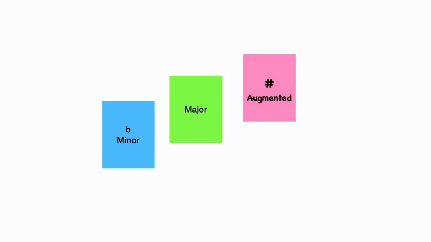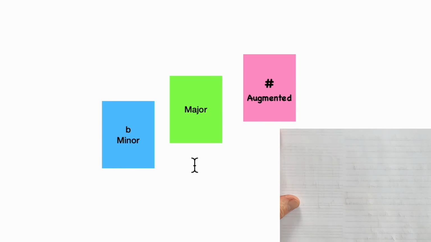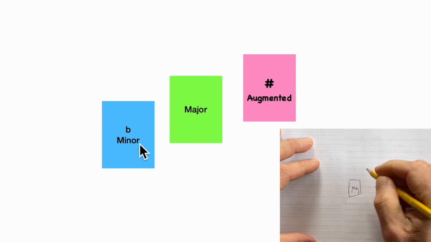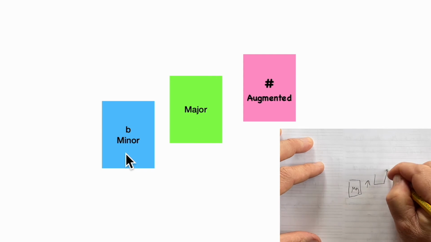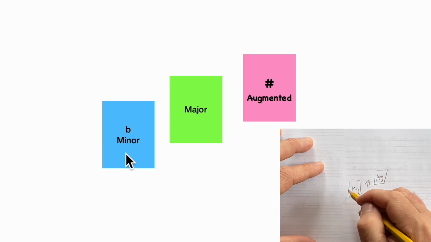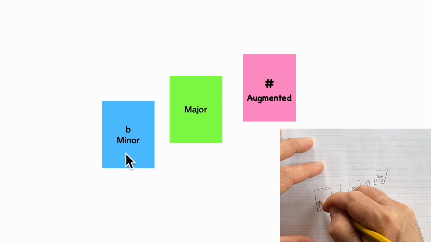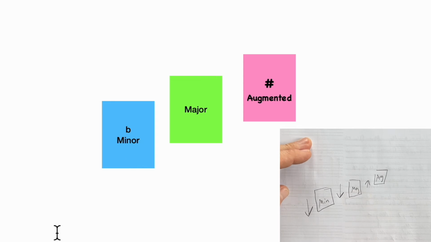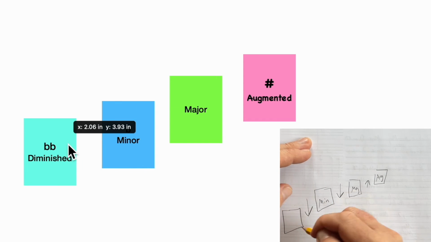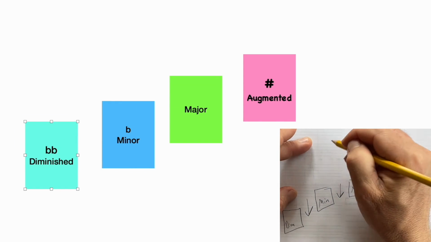So C, D, E, 1, 2, 3. C to E is a major third. But if you lower the E to an E flat, it's now a minor third. C to E flat is a minor third. What if we were to flatten it again? Well, then we would call it a diminished third.